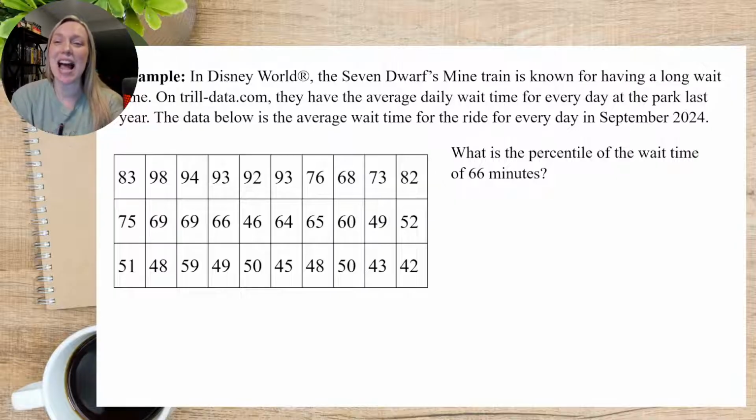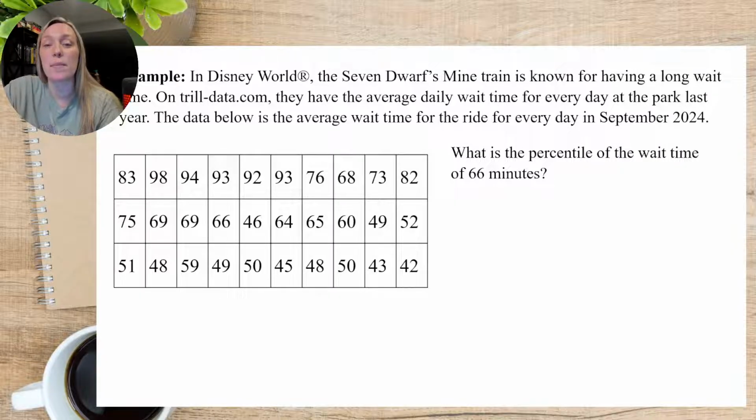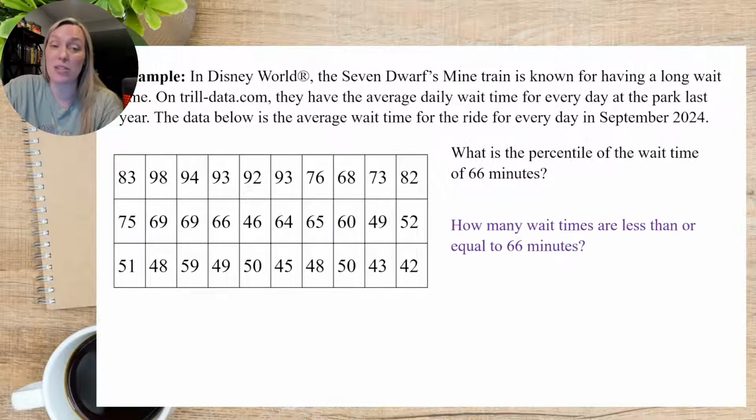This data I got is from September of 2024, and this was the average wait time per day for each day in September. It goes approximately in order, I guess I messed up a little bit there, and we're going to find what percentile a wait time of 66 minutes is.